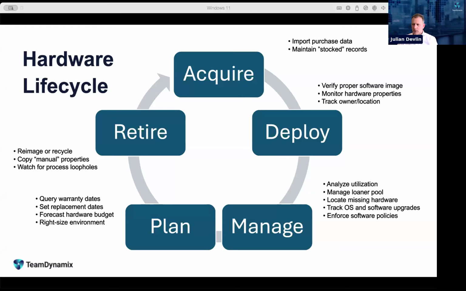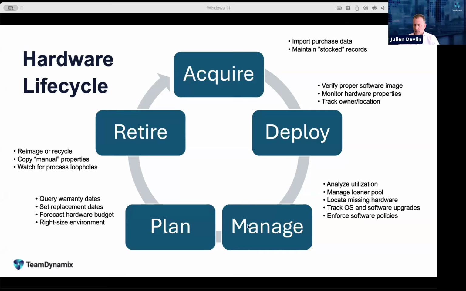This is a diagram of a basic hardware lifecycle, and it might vary a little bit from this, but this is a pretty good benchmark. You kind of start by acquiring computers. Once you have them, you then deploy them, you put them into users' hands, into use.